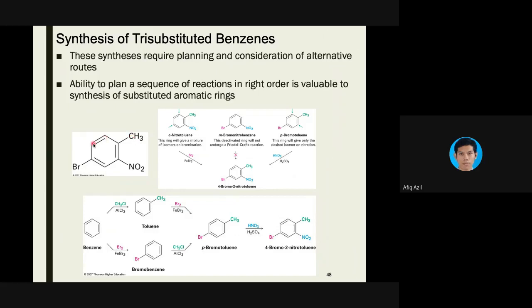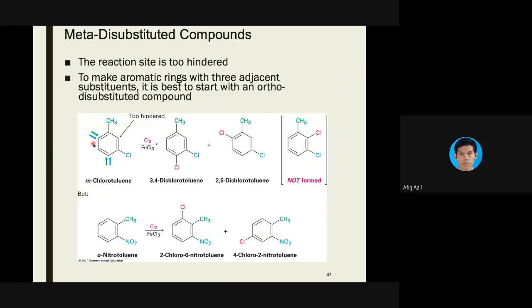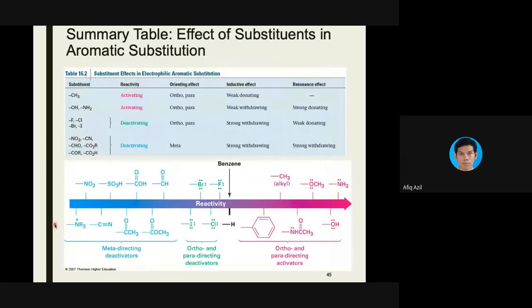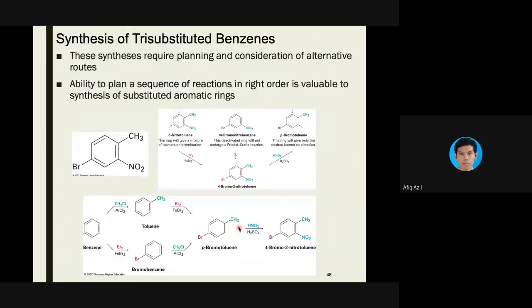So all of this is determined by this scale over here. Okay, you have to check the reactivity and you have to check the directors, whether it goes into meta or ortho-para. Okay, and there might be more than one way in which you can obtain the compound over here.